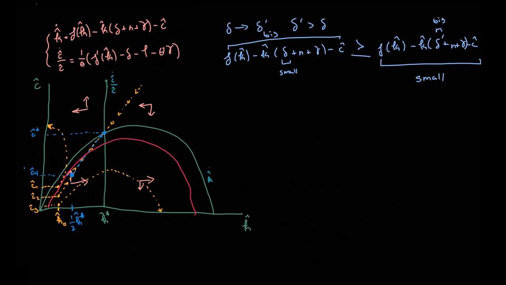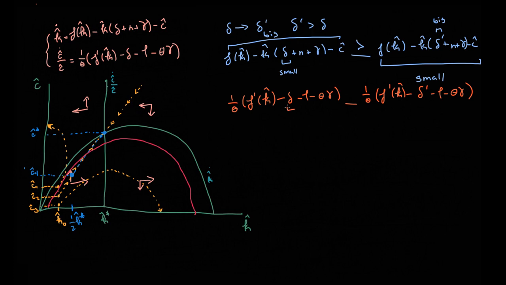Then we look at the C schedule. We're going to do the exact same thing. We have 1 over theta times f prime of k hat minus delta minus rho minus theta gamma. And that's going to be something in comparison to the same equation with delta prime: 1 over theta times f prime of k hat minus delta prime minus rho minus theta gamma.